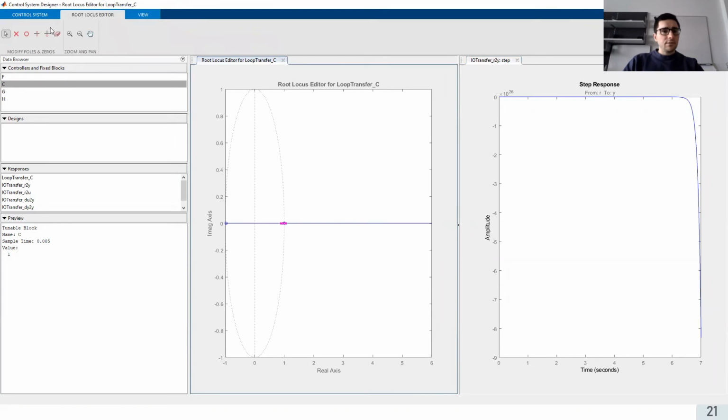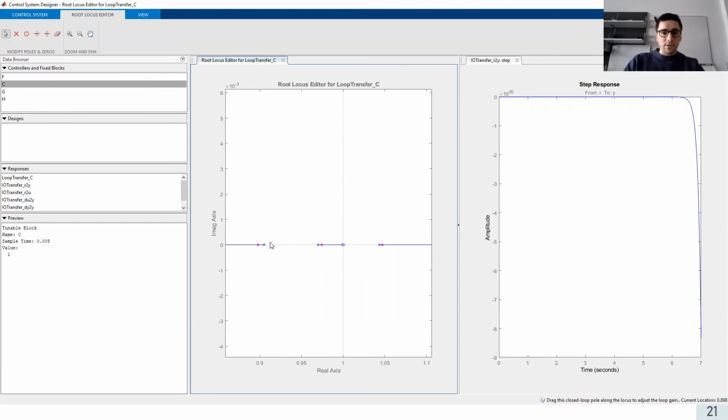So in the root locus, we can find that currently with a gain of 1, the closed loop poles are located at something close to 0.9 here. I cannot see the actual value, but it's close to 0.9, close to 0.97, and one pole is unstable at 1.05.